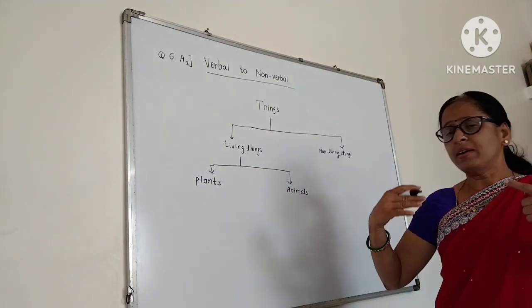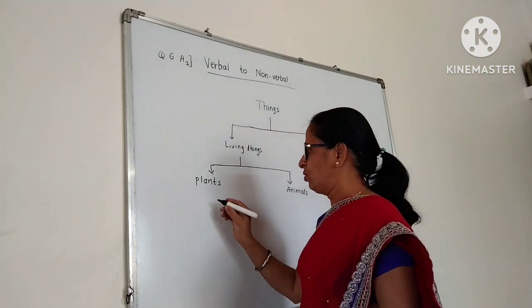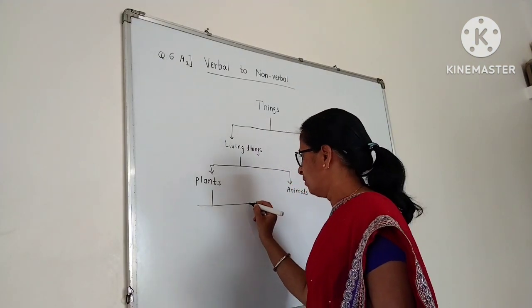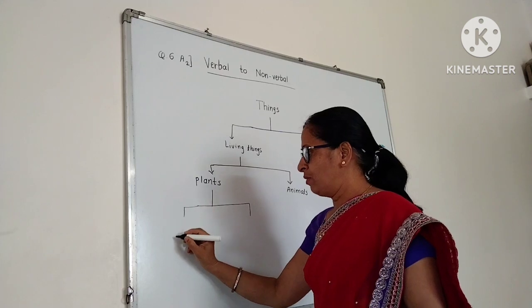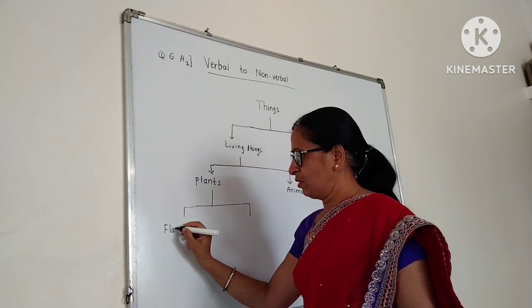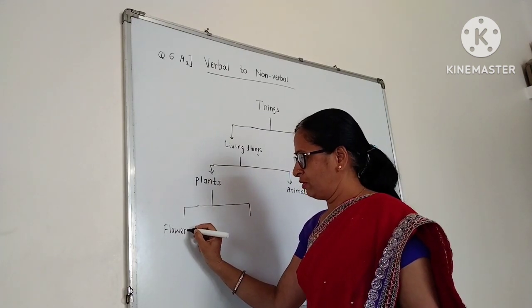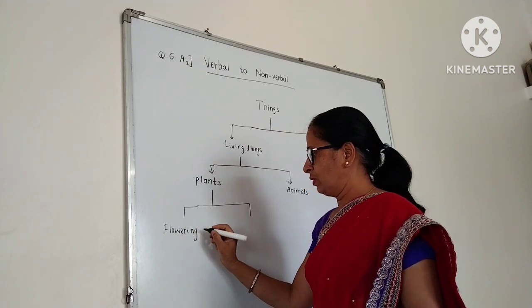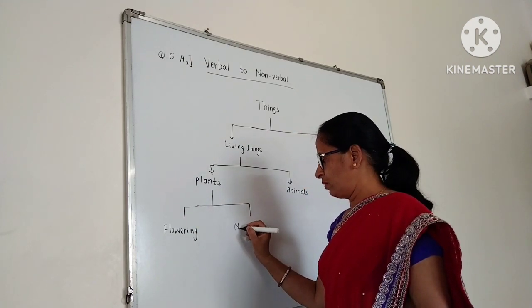Further, plants are classified into two types, that is flowering and non-flowering.